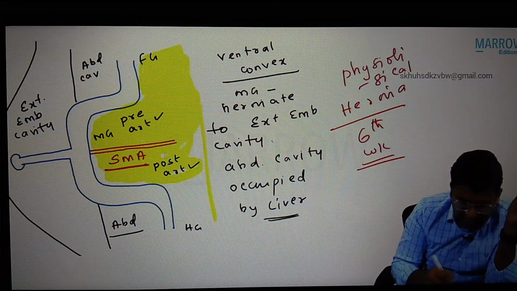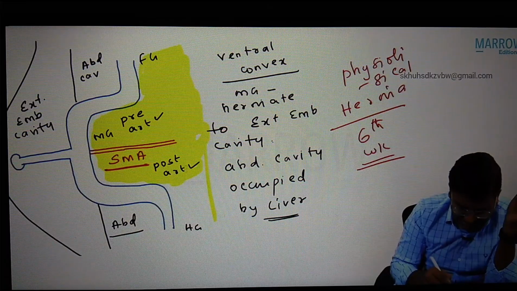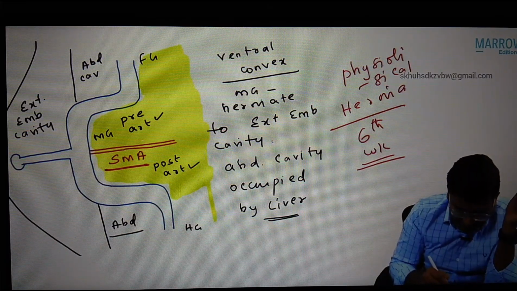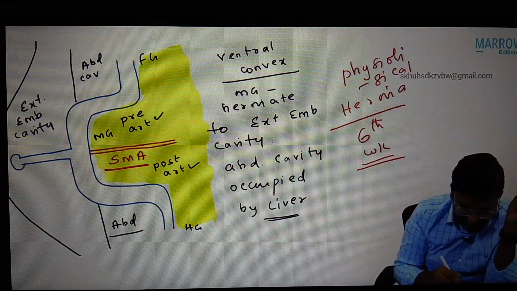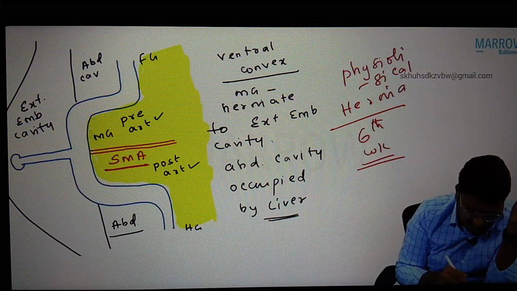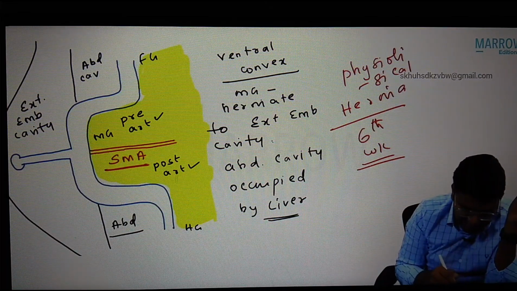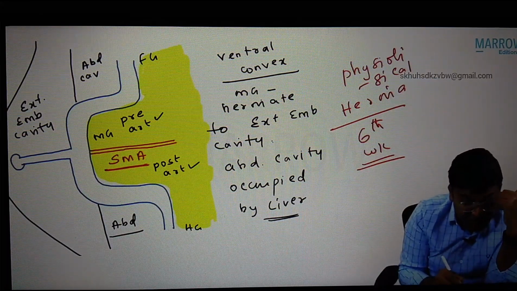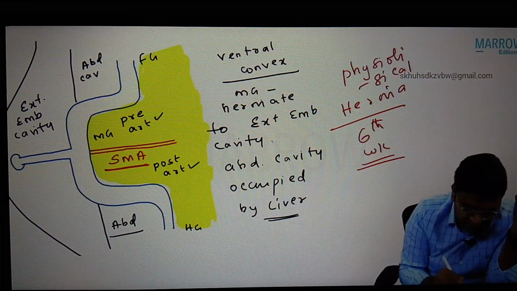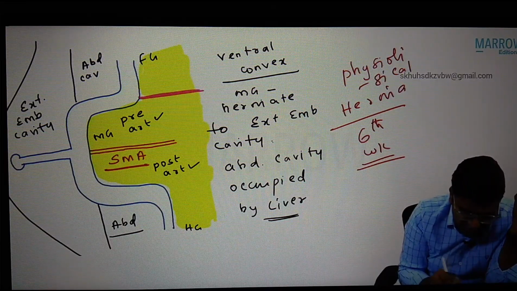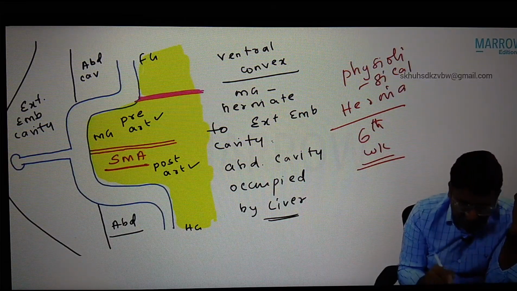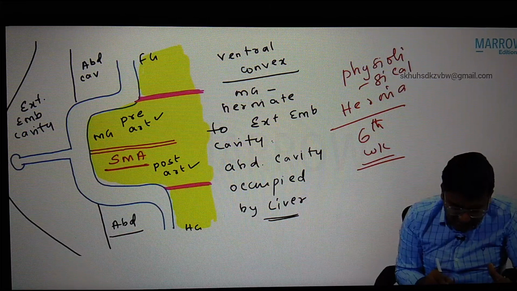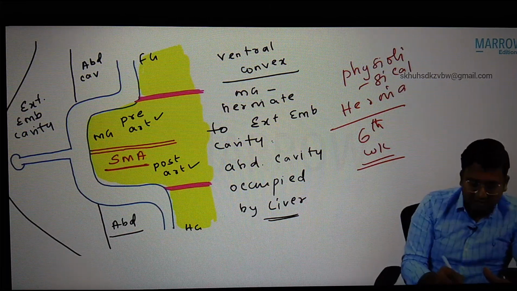Now this primitive dorsal mesentery is going for thickening, which in turn forms two bands here: this is the superior retention band and this is the inferior retention band.